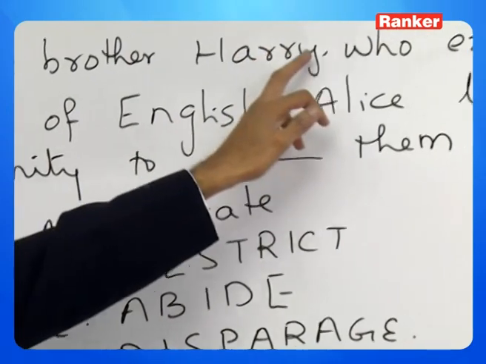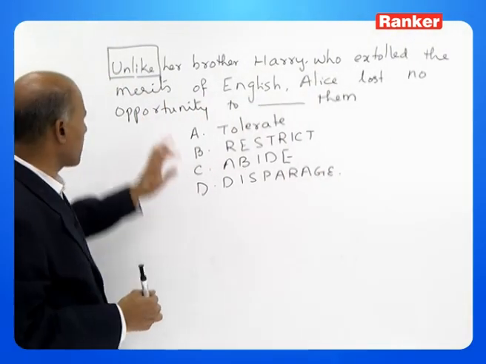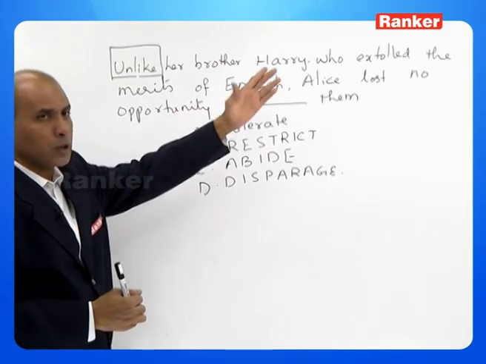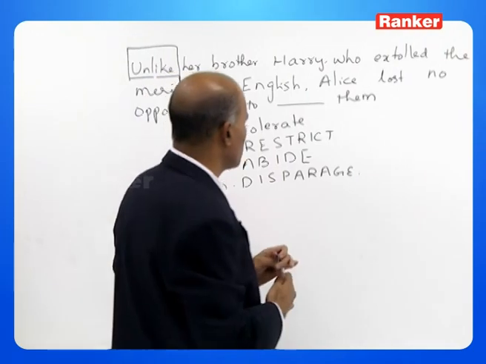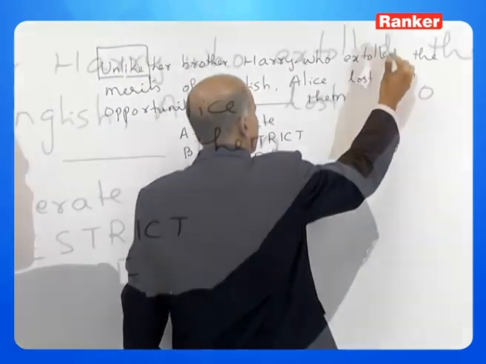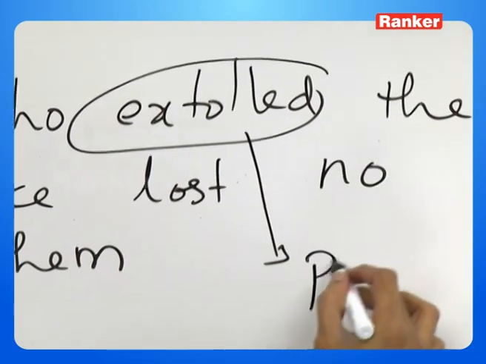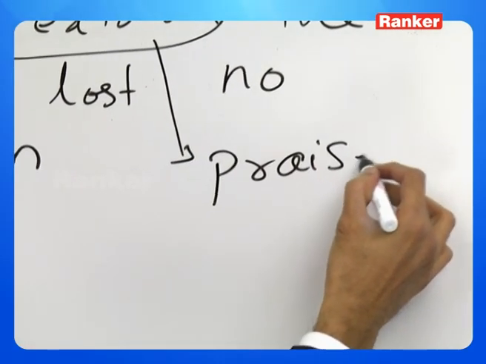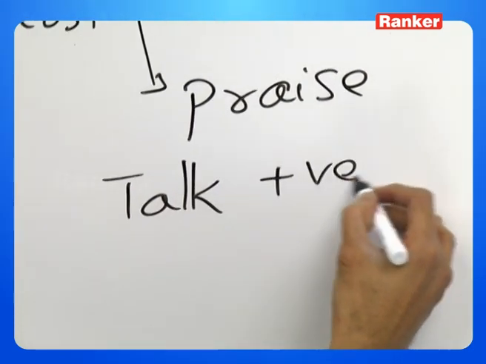Unlike her brother Harry, who extolled the merits of English. From this word unlike, we know in the two parts there are opposite things happening. Now what did Harry do? Harry extolled the merits of English. What is extol? Extol is to praise, to talk positively about something.